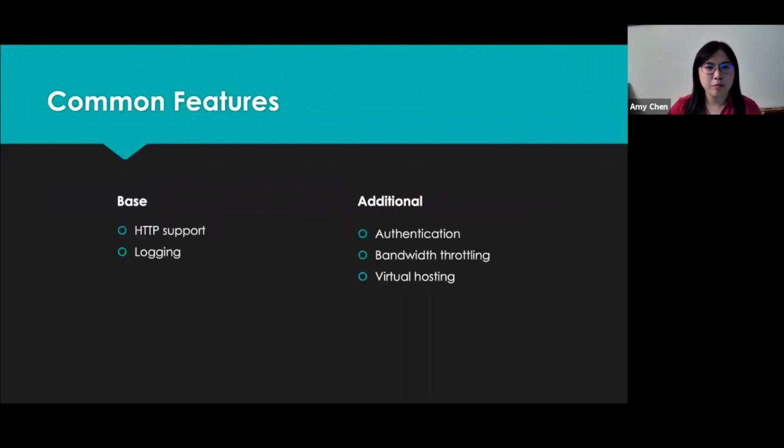So what are the common features and what does web server software actually do? There's first the table stakes, base set of features that all web server software is able to deliver on. And that's first support for one or more versions of the HTTP protocol in order to actually accept requests and then send responses back out to clients that are making those requests.